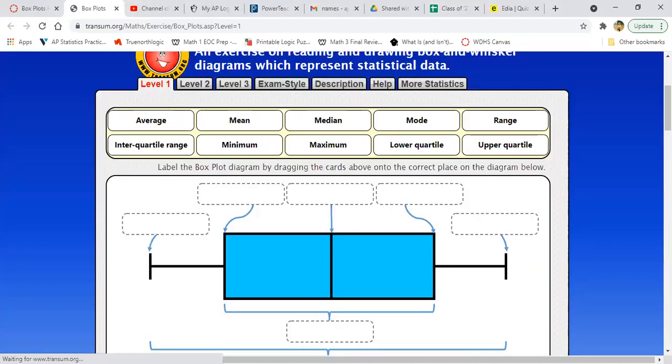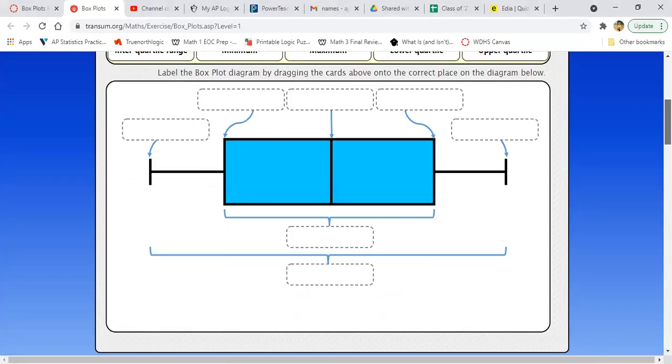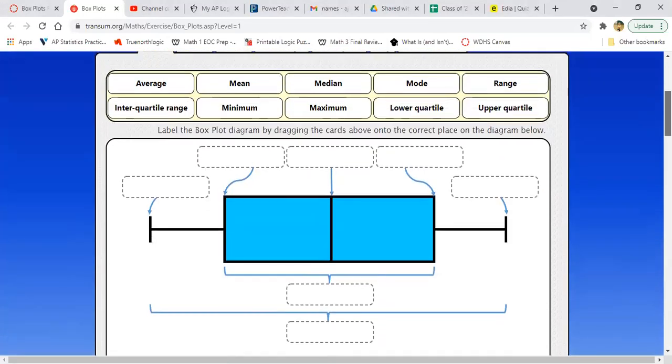All right, so this is what you're doing today. You have different levels and things that you need to do. This is not super hard, okay? So on the very first one, you're just labeling it. What's this first one? What's this one? The minimum. So you're just gonna take this and drag it.